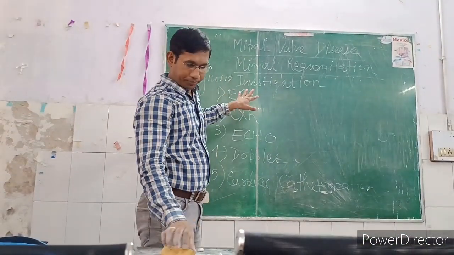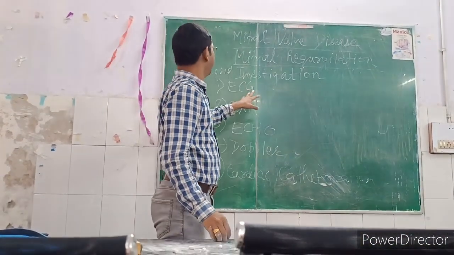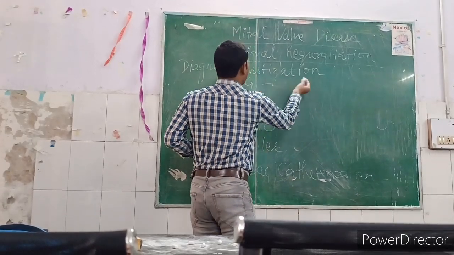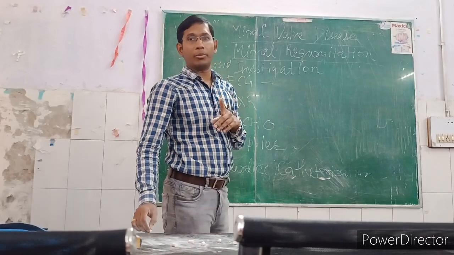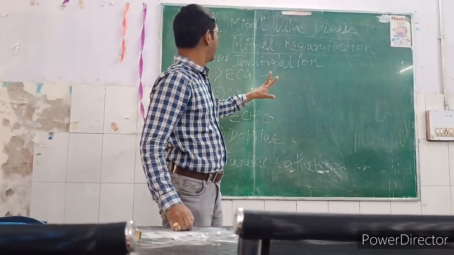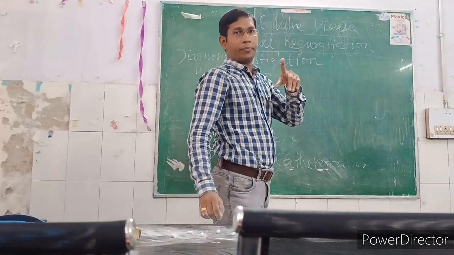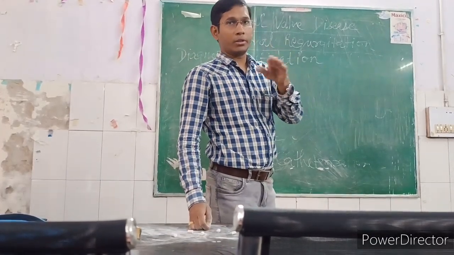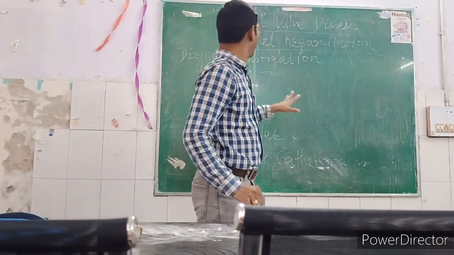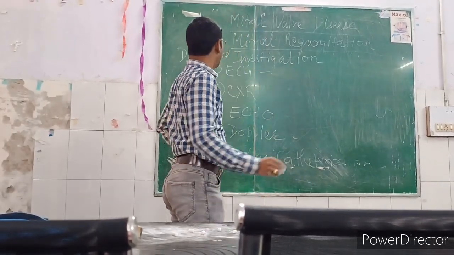In ECG, we get P-mitrale and atrial fibrillation. These are two important findings. There will be a notched P wave, and in atrial fibrillation there will be loss of P waves and an irregular rhythm. So this will be the ECG finding.